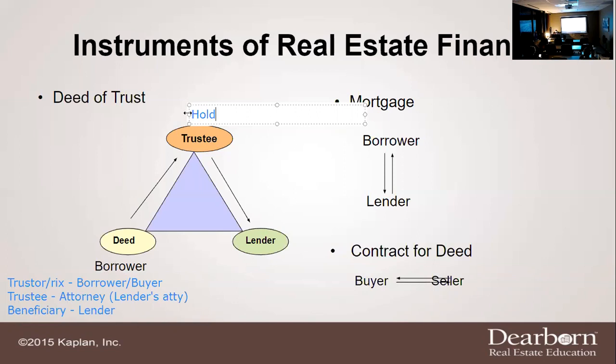They have to hold that deed until one of two things happen. Either one, if the borrower fails to make payment, then guess what happens? The trustee will then let the judge know, be able to grant the deed to the lender, and that's where you'll see this little slide down, and the deed would go to the lender.